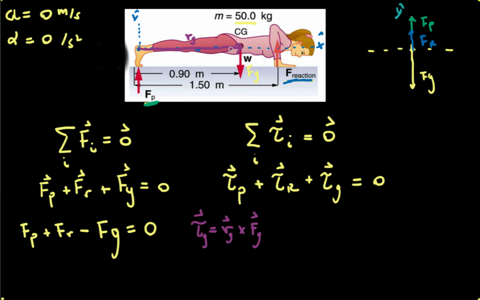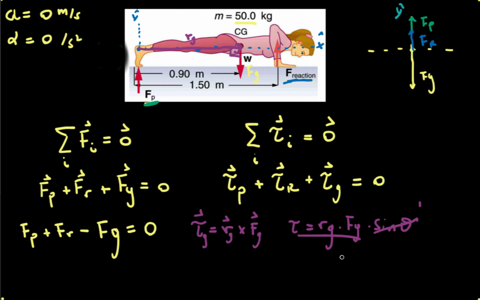Another way of looking at this is with the sine. This torque is also R_G times F_G times the sine of the angle between these two quantities. This angle here is 90 degrees, and sine of 90 degrees is just 1, so you're just left with this.